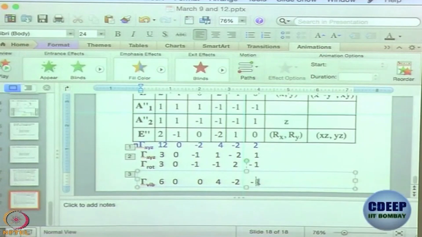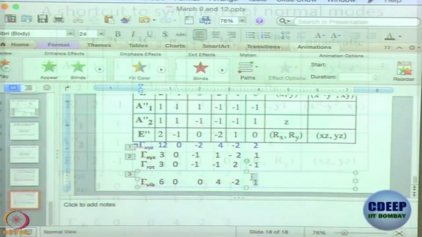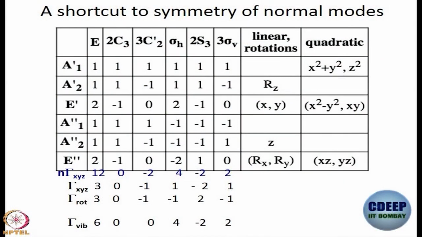And the last one? Two minus 1 is 1. 1 minus 1. Is this the answer we all get? Gamma vib is 6, 0, 0, 4, minus 2, 2. Is that right? What is the next step?